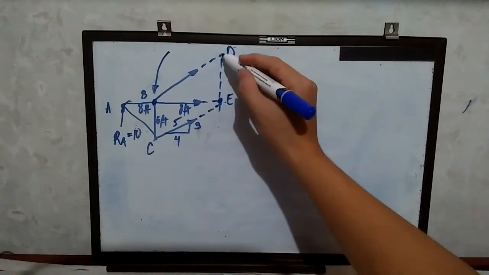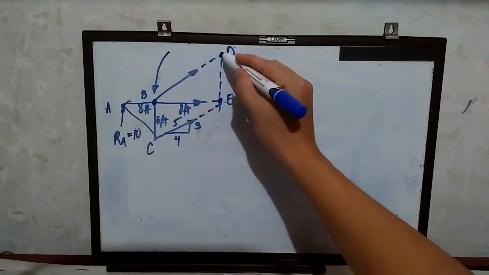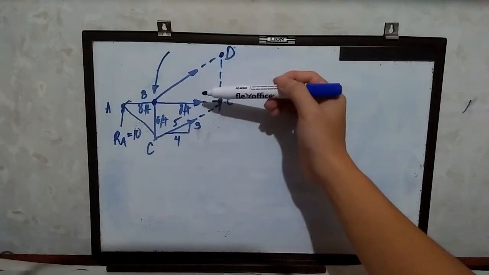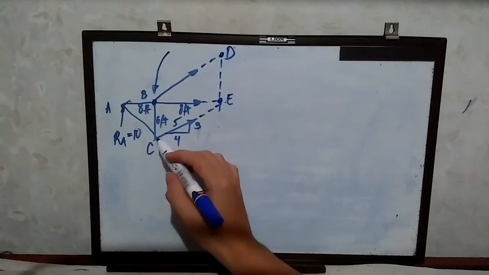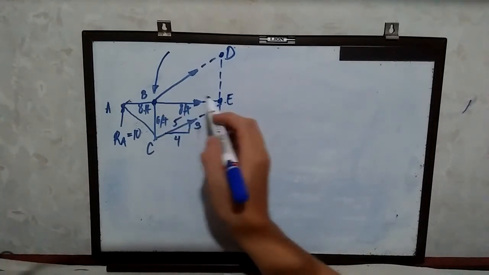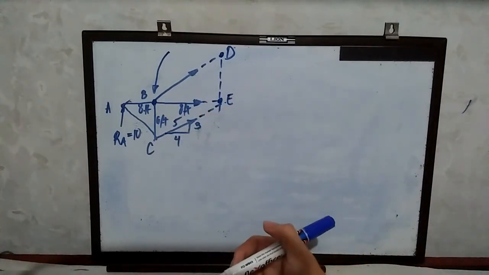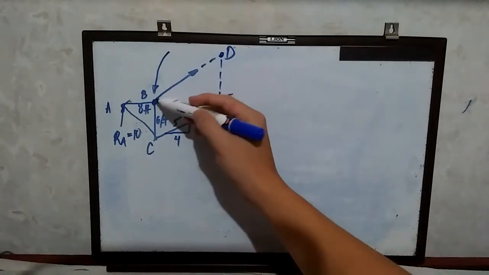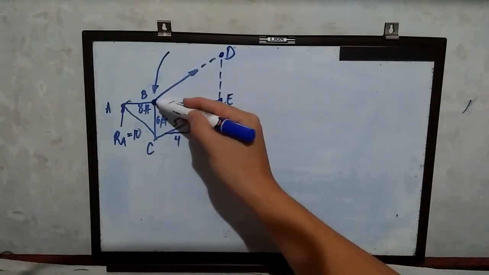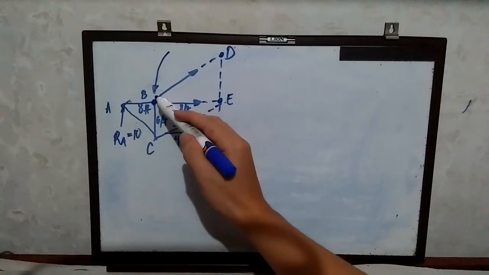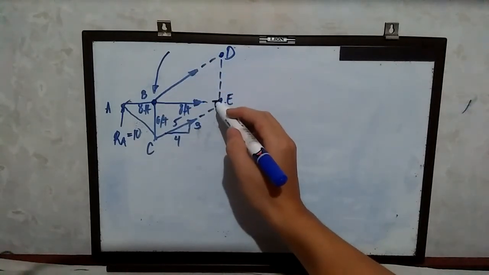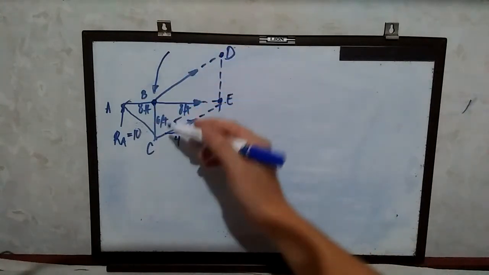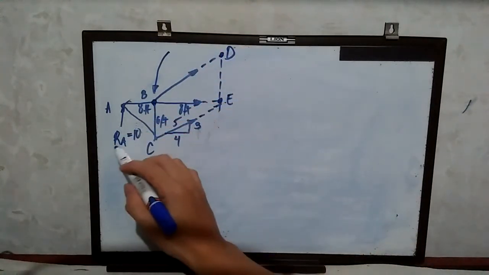And if we use the pivot point here at point D, then we would have three unknowns: the x and y component of CE, and then BE, which we don't know the value of. So that's why we use the pivot point here at point B, so that we can eliminate BD and BE. The only remaining forces that would rotate are member CE and this RA.